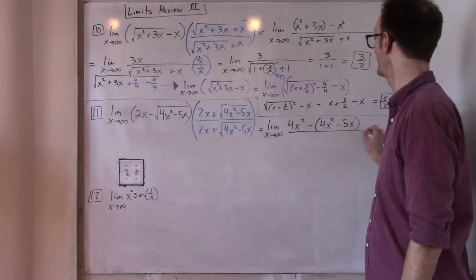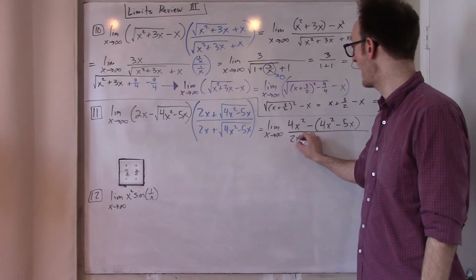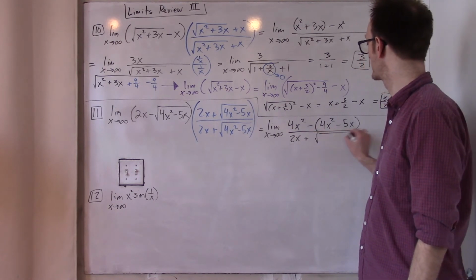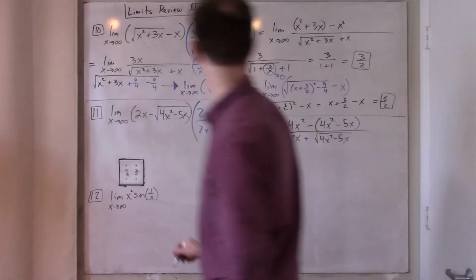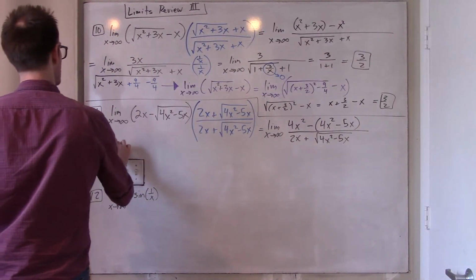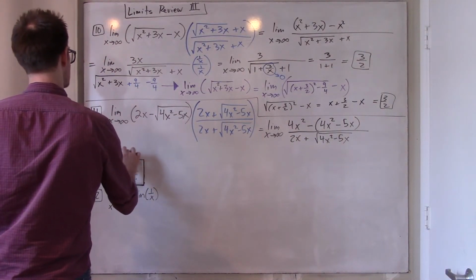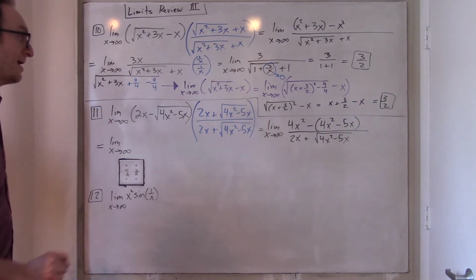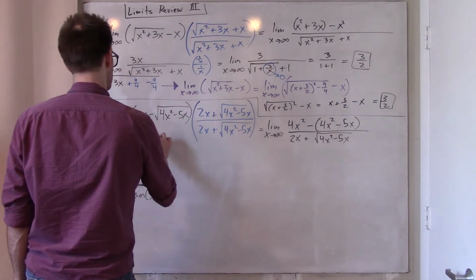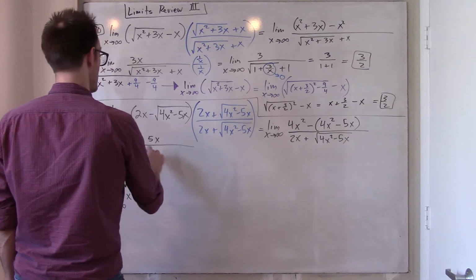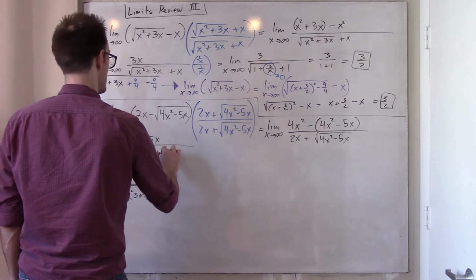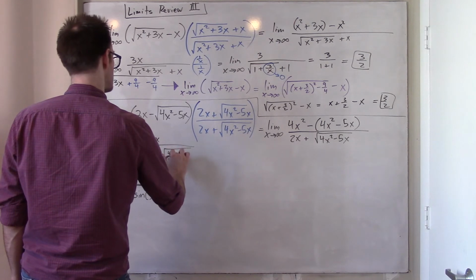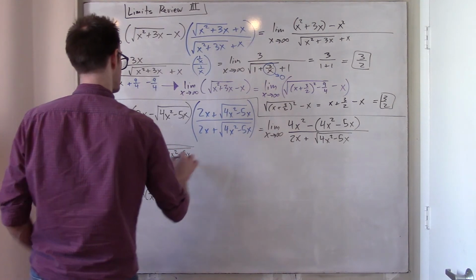All over 2x plus root 4x squared minus 5x. And continuing over here, that gives me the limit as x goes to infinity of 5x over 2x plus root 4x squared minus 5x.